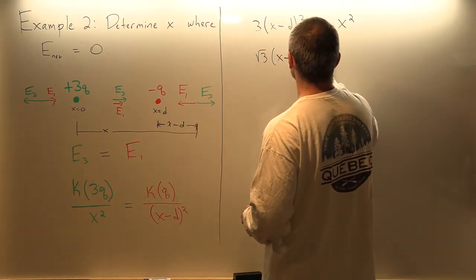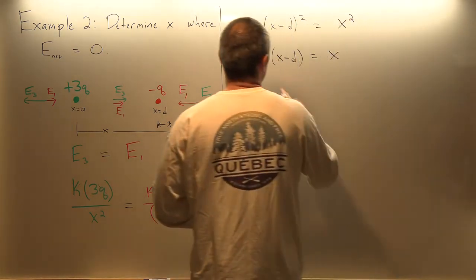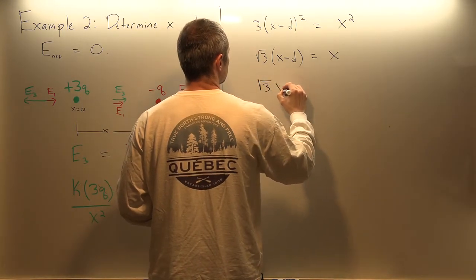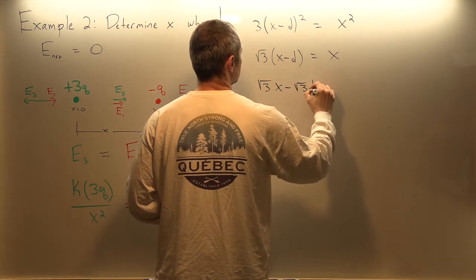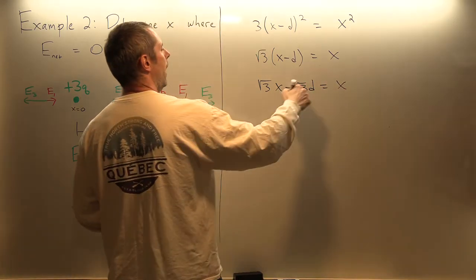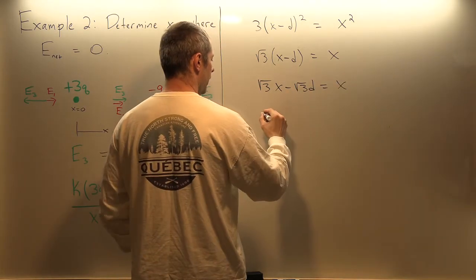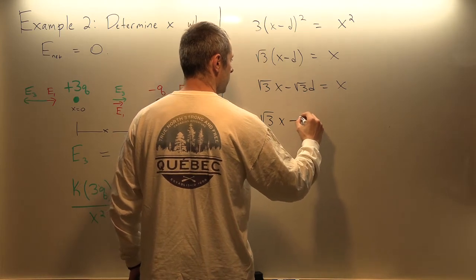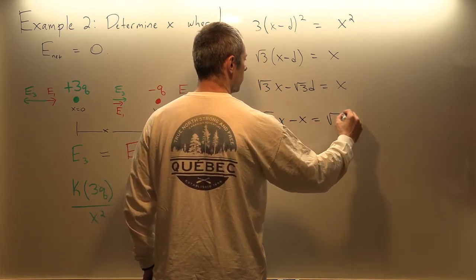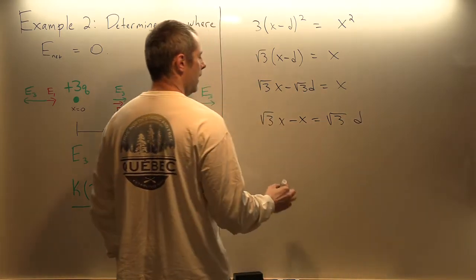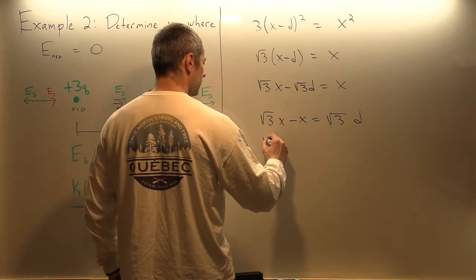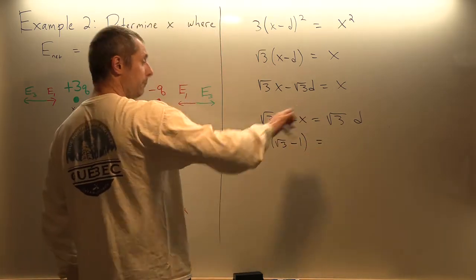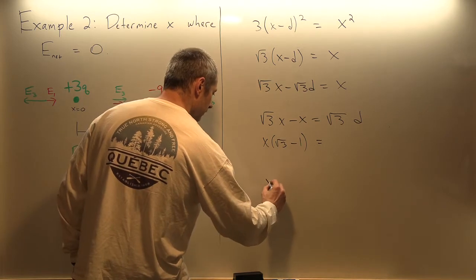I've got to distribute this through, subtract the x, and add this to the other side. Then factor out the x here and divide by that parenthesis term, giving us our final expression.